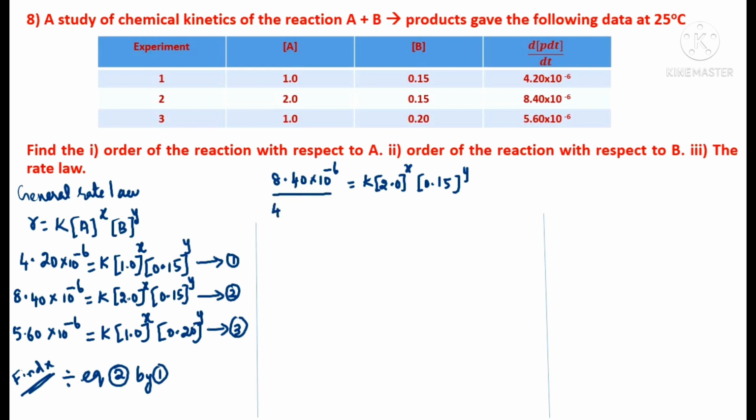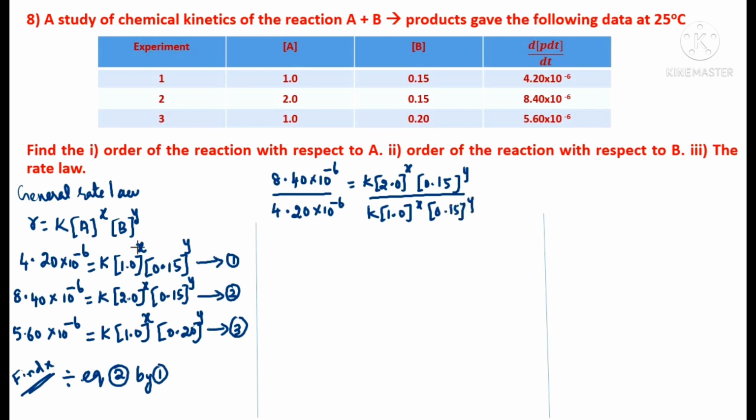What is equation number 1? It is 4.20 into 10 to the power minus 6, divided by k into 1.0 to the power x into 0.15 to the power y.